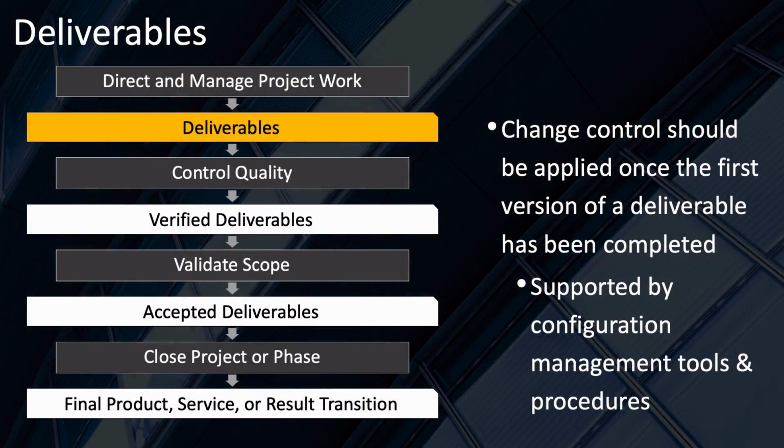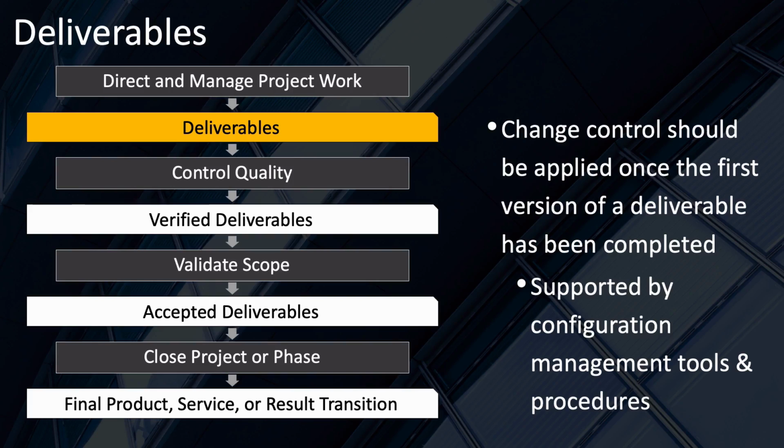One thing that isn't clear from the PMBOK guide is how deliverables flow through the processes in project management. Deliverables are created as an output of the direct and manage project work process, and only that process. They then go to the quality control process, where they're compared to your quality requirements, and if they pass, their name is changed to verified deliverables.